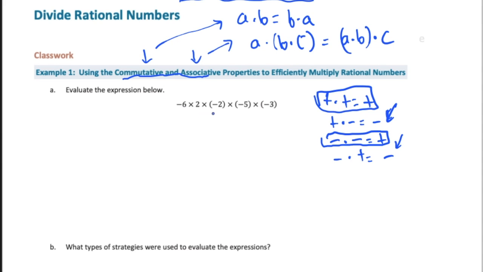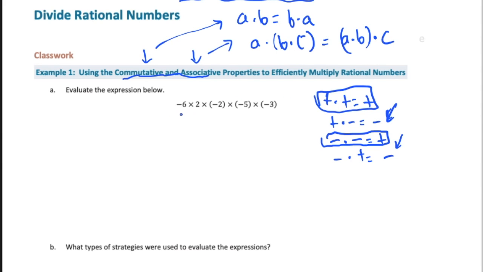Now, solving these problems, I could do it in different ways. One of the easiest ways is to use the order of operations, which says that for multiplication, we go from left to right. Since everything here is multiplication, I can do left to right.